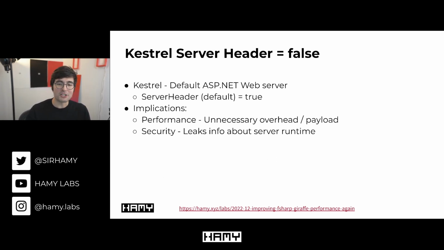So as we mentioned, this information is unnecessary, so it doesn't really serve a purpose. But what we are doing is we are leaking information about what is actually running on our server. And now this doesn't necessarily make our server less secure. It's still just going to be as hard to break into, but it does give more information about what kind of thing we're running and therefore what kind of vulnerabilities we might be open to.